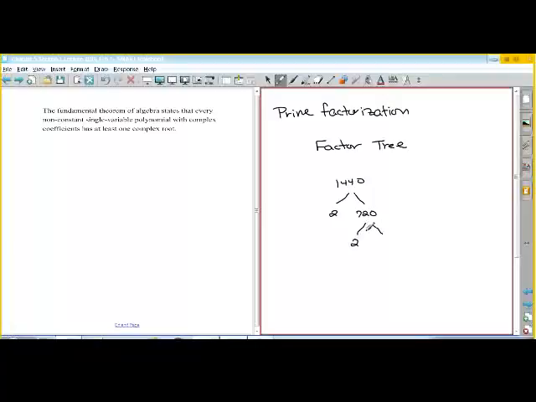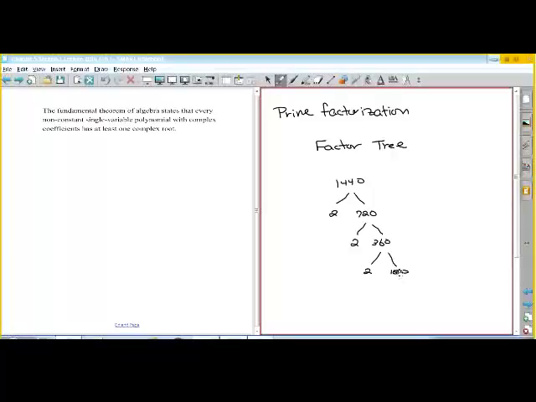So what we usually do again is we use 2, which is the smallest prime number, until we end up with a non-even number. So 720 is even, so we're going to factor it again with a 2. You take 720 divided by 2 and you get 360. Is that even still? Yes, so we do it again. We write down the next prime factor. 360 divided by 2 is 180.